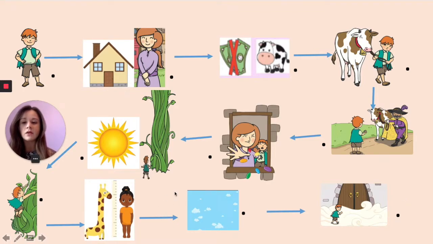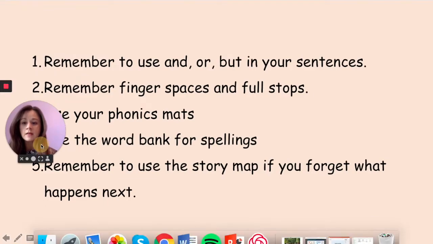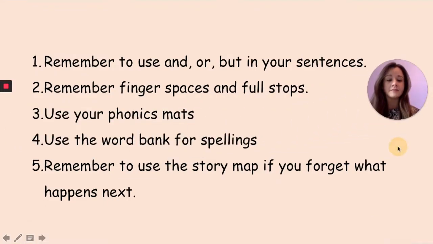Okay, remember on our story map where we've got these little dots, those are our full stops. Now, when we're doing our writing, we need to remember to use the words and, or, and but in our sentences. Oh, they're tiny words, but they're really important. Remember to use your finger spaces and full stops.